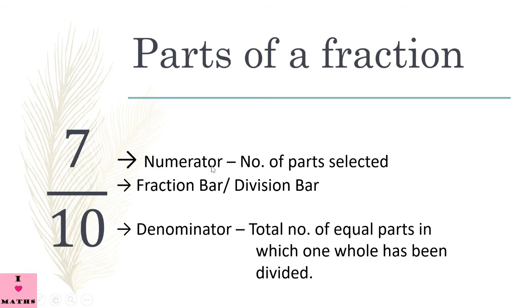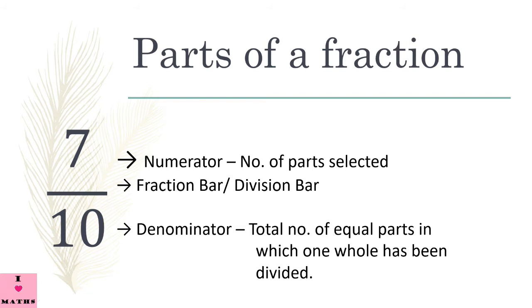Now, the numerator. The numerator is the number of parts which have been selected. Suppose out of the 10 equal parts, 7 parts have got finished. So if somebody asks you how much of the cake is finished, you will say 7 upon 10 of the cake is finished.